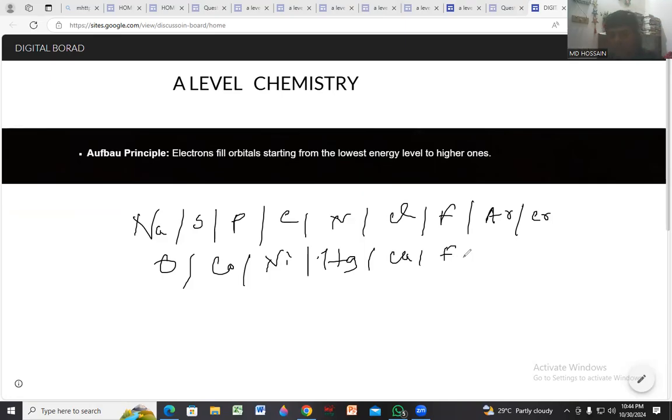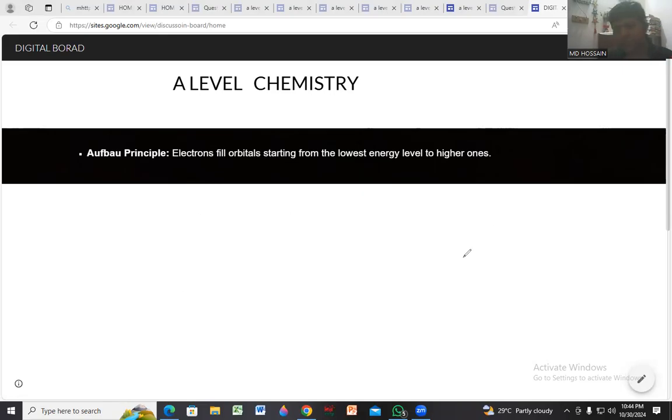So we will now take one or two examples, right? Already we have discussed the sodium electronic configuration. Now we learn carbon, atomic number 6. So what will be the electronic configuration? 1s2, 2s2, 2px1, 2py1, 2pz1, right?